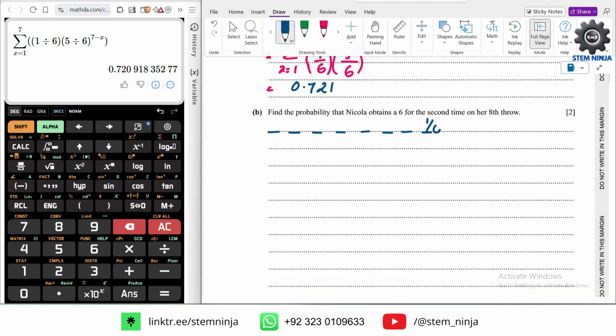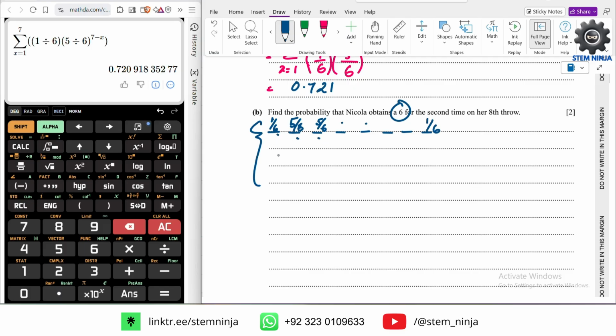The 8th one is definitely 1/6. But the other 6 comes whether over here, over here, over here. It is a mystery. But the rest would be failures. So it could be the first try, it could be the second, it could be the third.